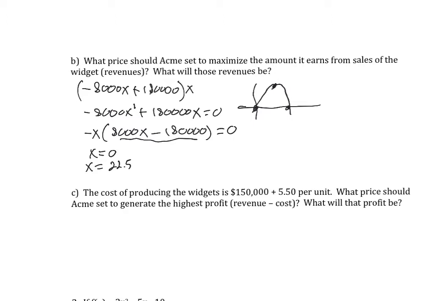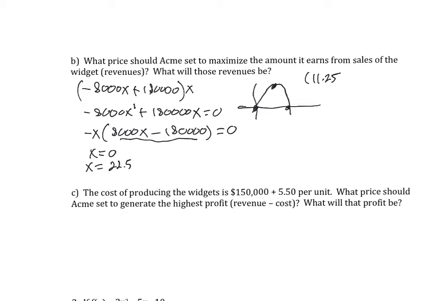So that means that the x value of this point is going to be 11.25, which is just half of what we got when we divided 22.5 by 2. And so now, what's going to be the point where we get our maximum revenues?